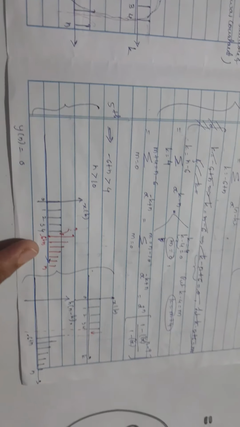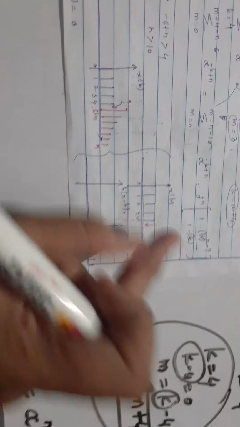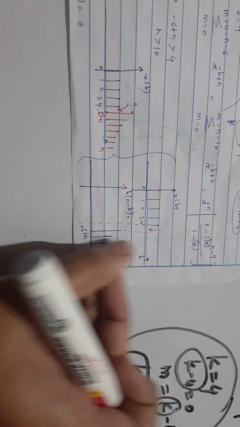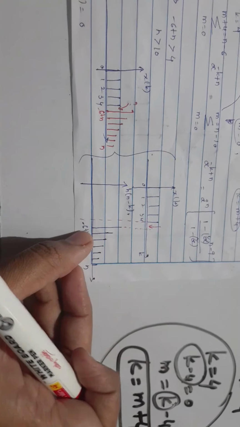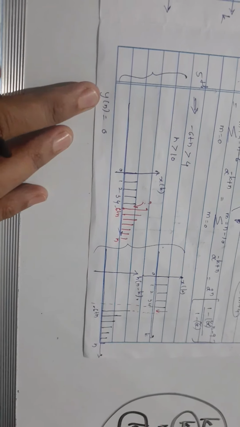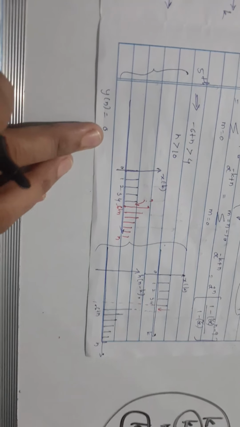If you keep that, let's see what the product is. This is your first signal. You are keeping the second signal point after 4. If you see, some value multiplied by 0, 0 multiplied by some value. So the product is 0. You don't get any common area. That's why I have put a question mark here. So your convolution will become 0.